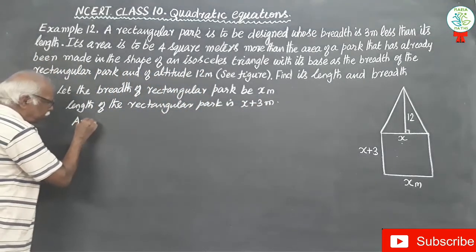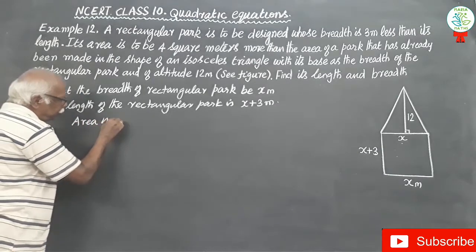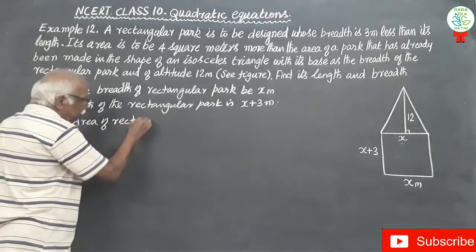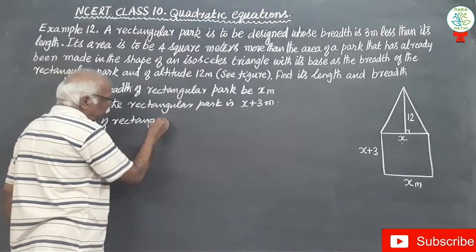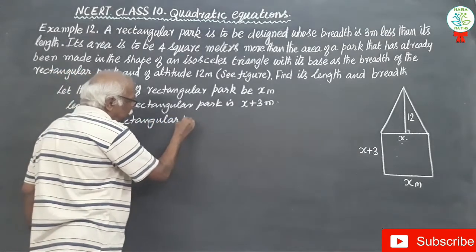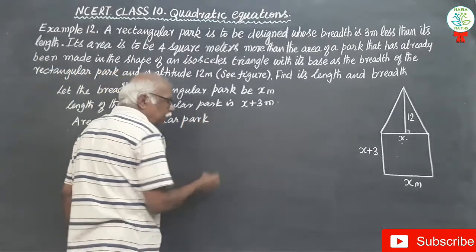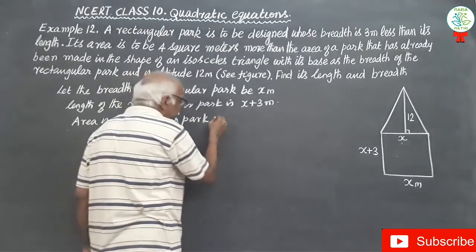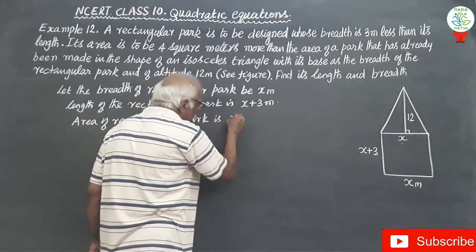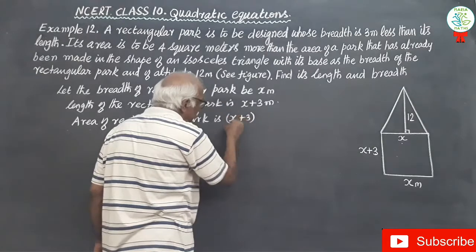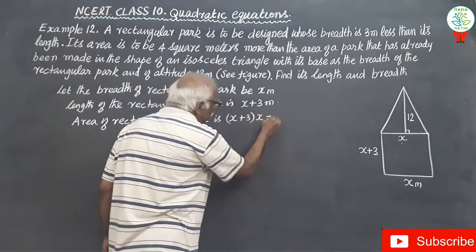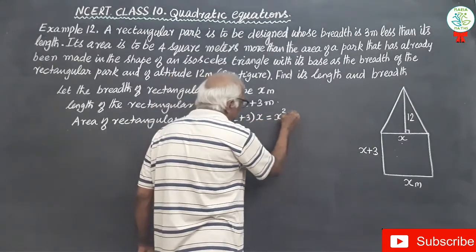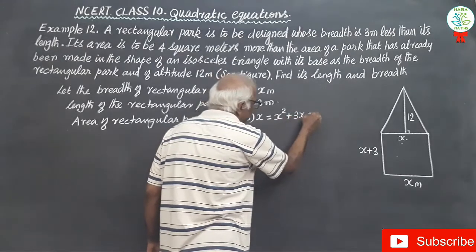Area of the rectangular path: area is length into breadth, which is x plus 3 into x, equal to x square plus 3x meter square.